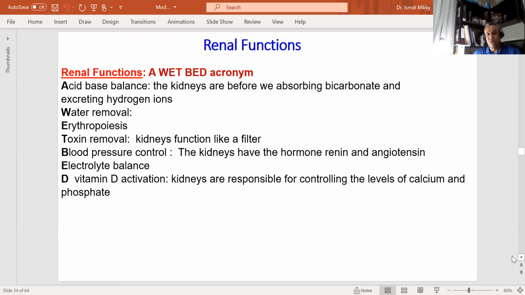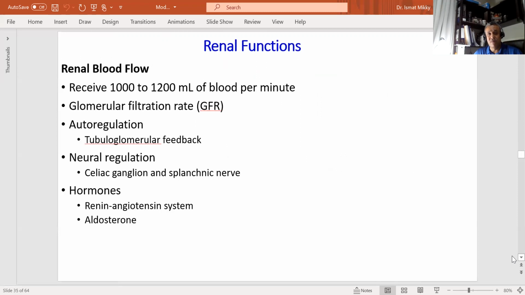Now, the renal functions. We did go over the kidney functions earlier, about the BUN, about the creatinine, about the GFR. For the renal function, we can use the WEPIT acronym. That's one of the acronyms you can review to recall and remember the kidney or renal functions.